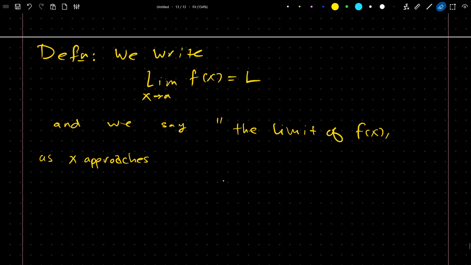In some cases, we'll talk about that. As x approaches a, f of x equals L. Here L is some value, and in fact, L could be finite or infinite, but right now we'll just assume that it's finite.